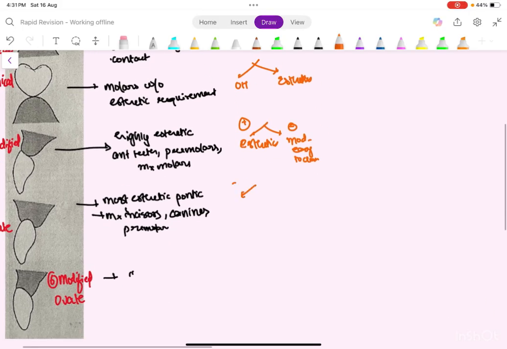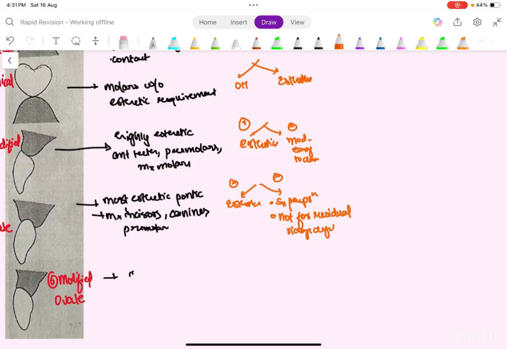Now ovate, the biggest advantage is aesthetics, and the disadvantages, now this comes as an MCQ, so you should know that it needs surgical preparation and it is not for residual ridge defects. Now this is modified ovate. Now this is also important, similar, with aesthetics and also good oral hygiene maintenance, easy cleaning. Okay, same over here also, right?